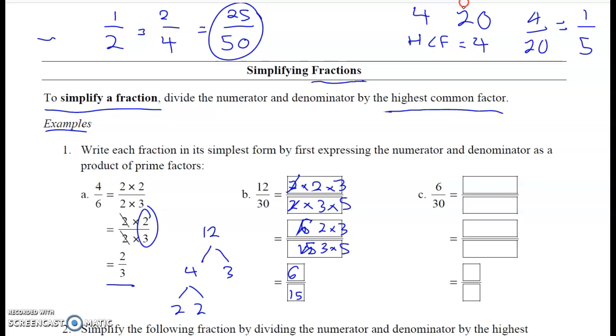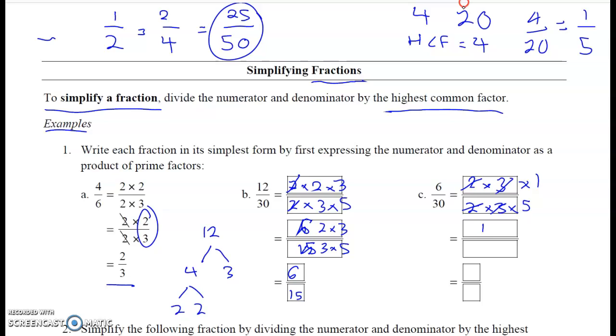Alright, one more, 6 and 30. Okay, so 6, we can write that as 2 times 3. And 30 we can write as, we've already seen, 2 times 3 times 5. In this case, they've both got a 2 on the numerator and the denominator, same with the 3. So we cancel out those factors, and all that's left on the top is a 1, because 6 of course is made up of 2 times 3, and if we times that by 1, that doesn't change it.